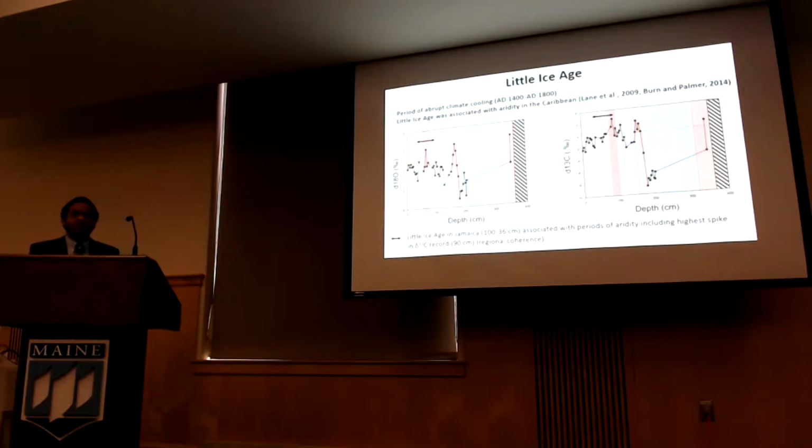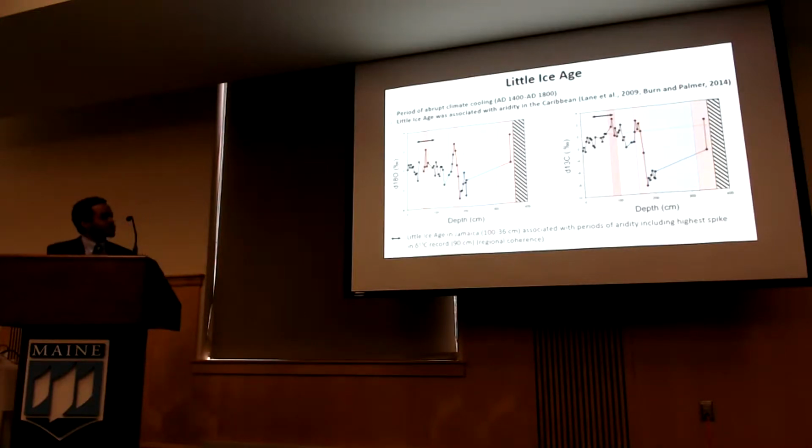We also identified a number of major northern hemisphere climatic events in our paleoecological record, and this includes the Little Ice Age, which is a period of abrupt climate cooling between the years 1400 and 1800. Based on several paleoecological records previously collected in the Caribbean region, we know that the Little Ice Age was arid.